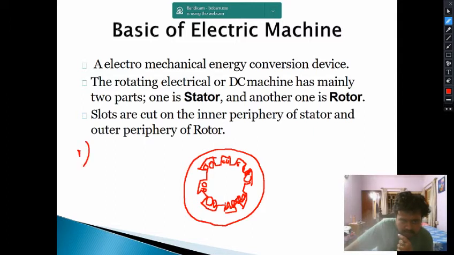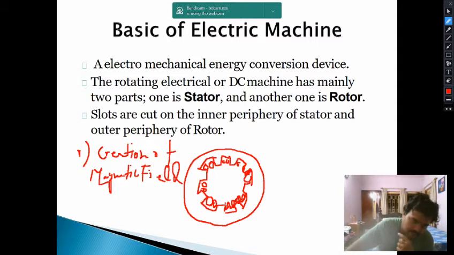So number one, creation of magnetic field. This is the main purpose of the stator. And these conductors which are placed are called field conductors.